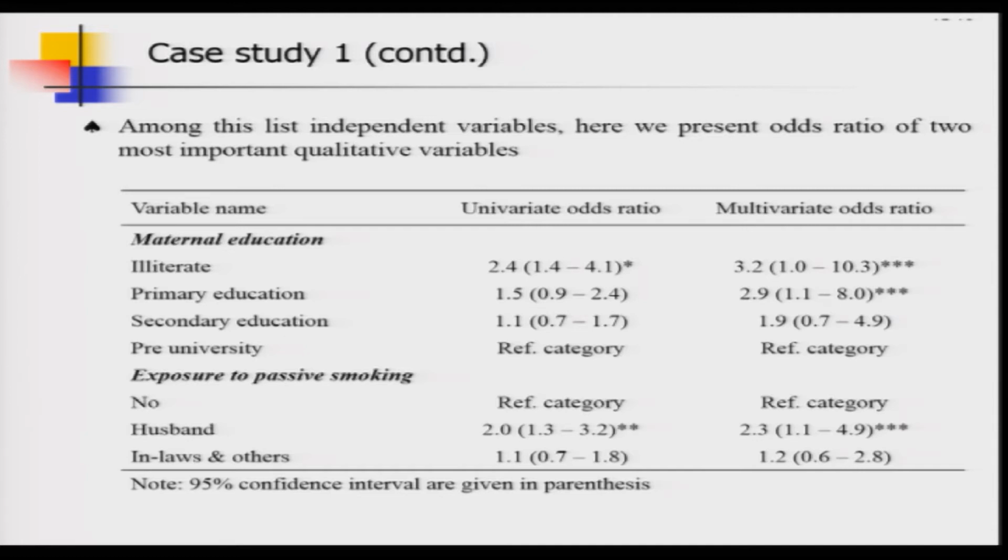So, there were 3 dummy variables after excluding that category, and they are illiterate, primary education and secondary education. Secondary education variable means that the mother has attended secondary education. And then the second qualitative or attribute variable which we are interested in is exposure to passive smoking, and this has 3 categories or labels associated with it.